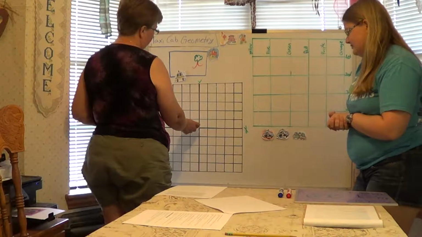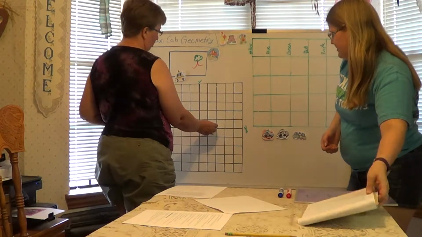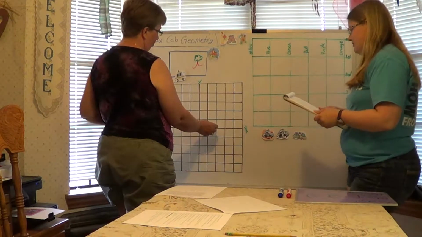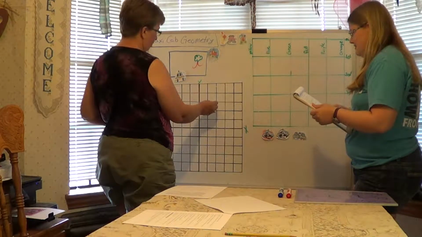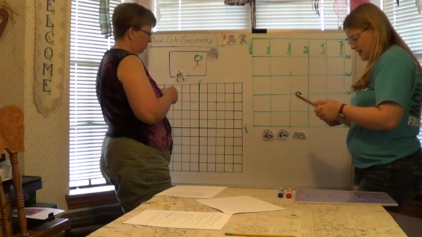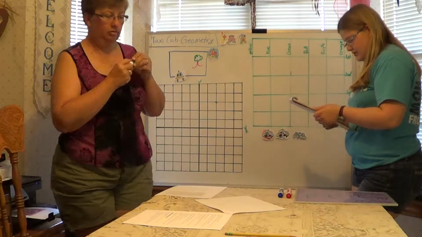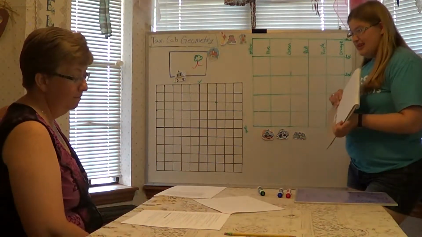And the first number is the x, so that would be here. And the y is going to be 3. So that would be (2, 3). Great job.